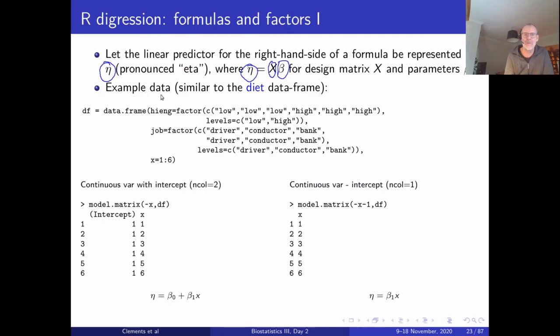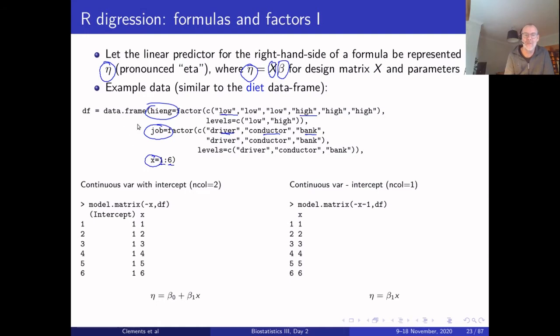And what we do is we use some example data where we have high energy, which takes factors low and high, and job, which takes factors driver, conductor, and bank workers, and then just a continuous value x, which goes from 1 to 6.